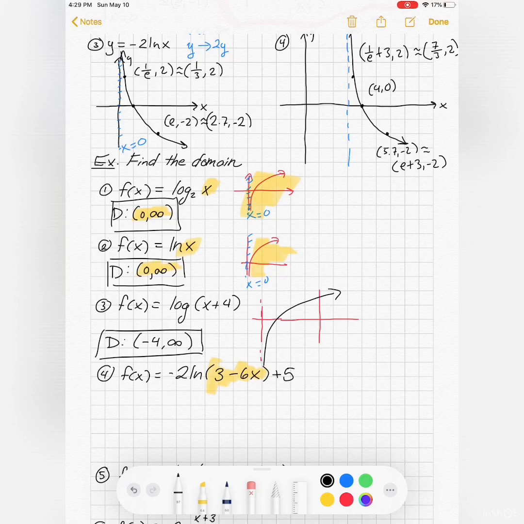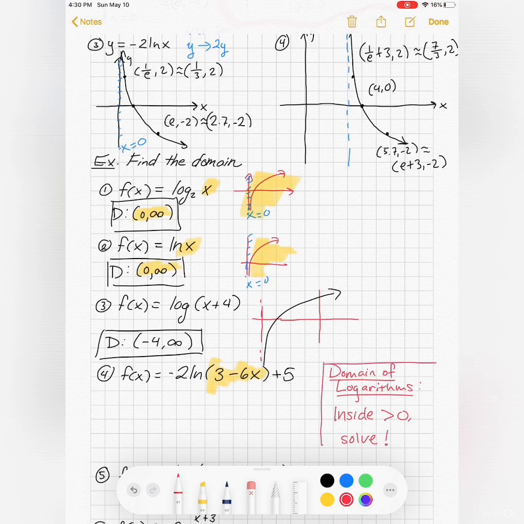So actually, in general, to find the domain of logs, I can use a simple rule. I just take the inside, set it greater than 0, and solve, and then I'm done.